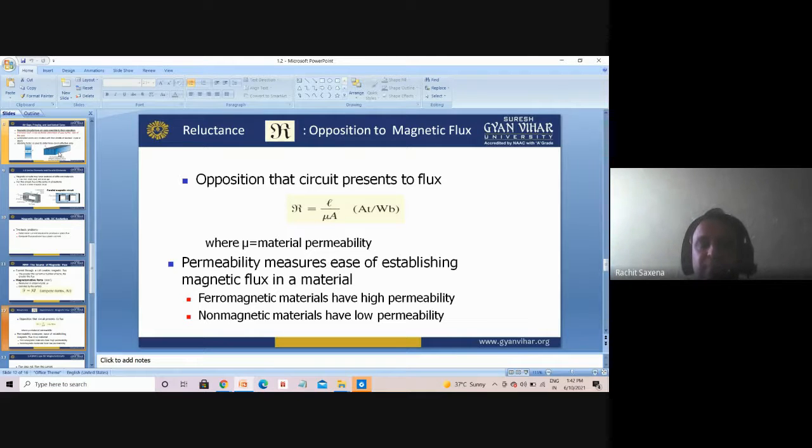And it totally depends on the permeability. Later on we will also study permeability, relative permeability, free space permeability, because permeability is the measure of how much flux we can generate in the magnetic field. So it is a very important part.